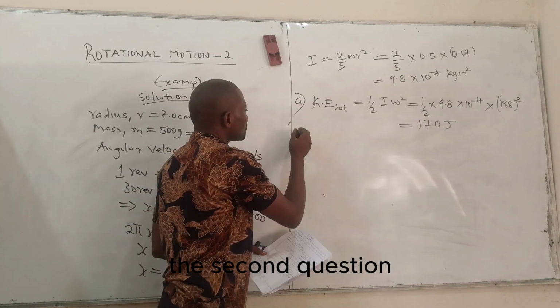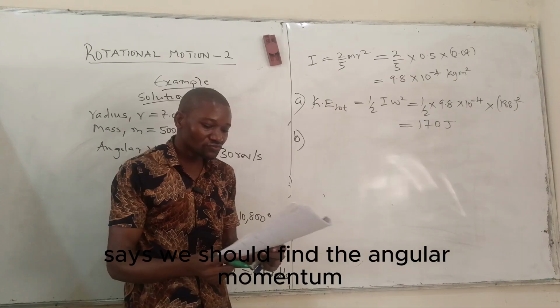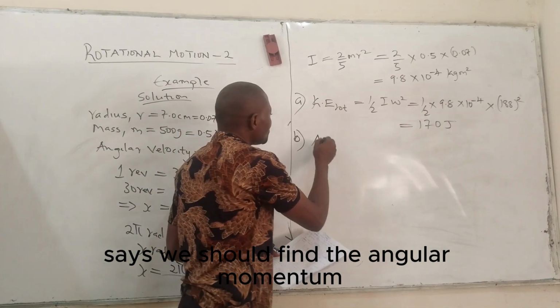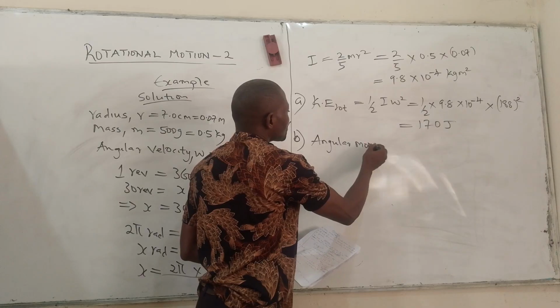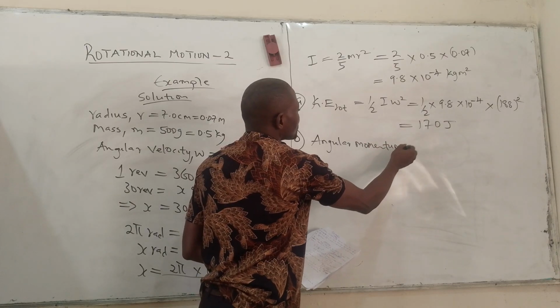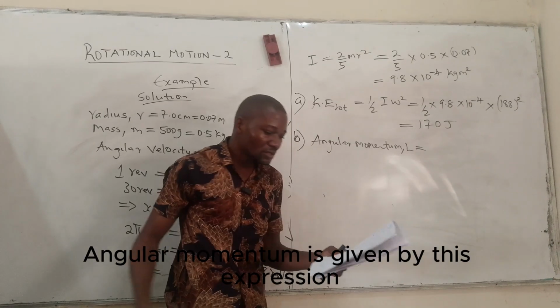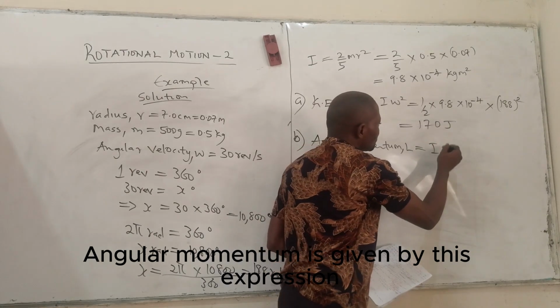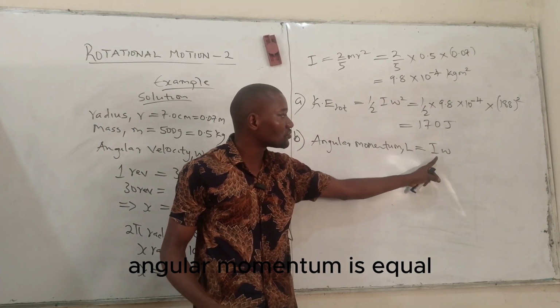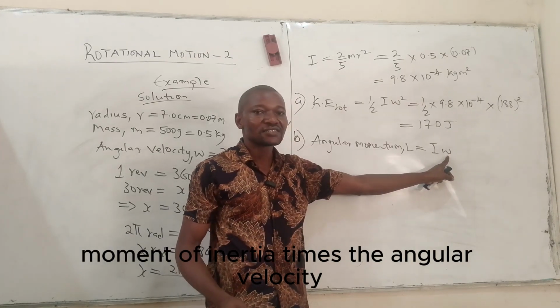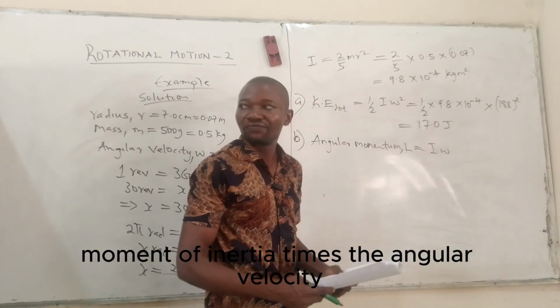The second question says we should find the angular momentum. Angular momentum is given by this expression. Angular momentum equals moment of inertia times the angular velocity.